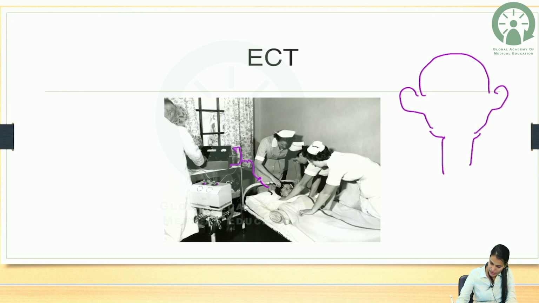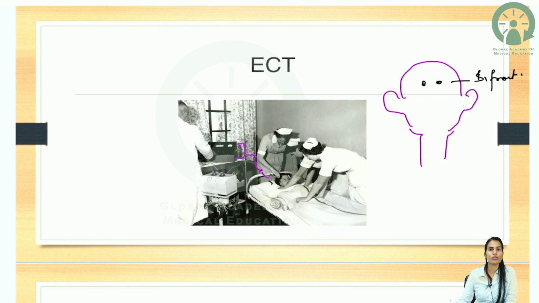where can the leads be placed? They can be placed bilaterally or unilaterally. Bilaterally in the frontal area, that is bifrontal, or bilaterally in the temporal area, that is bitemporal, or you can place unilateral leads, on one side only, in the frontal or temporal region.